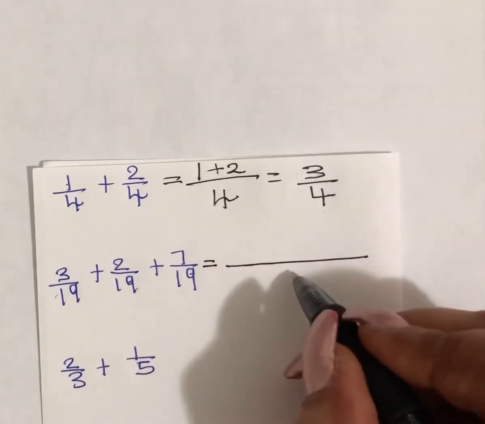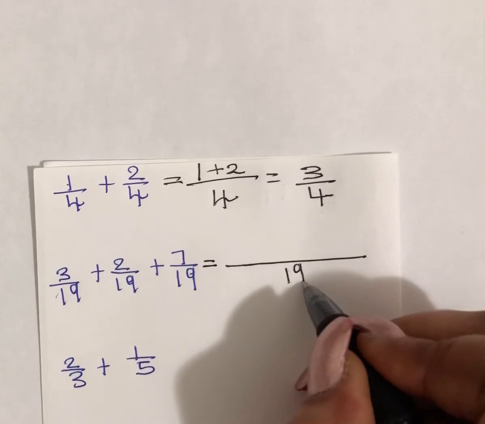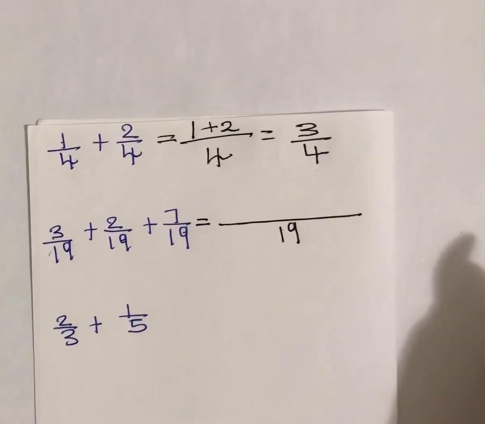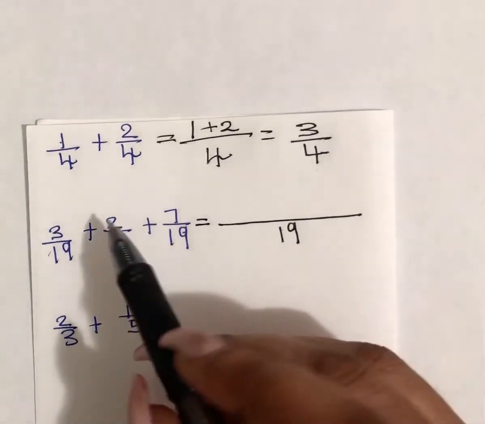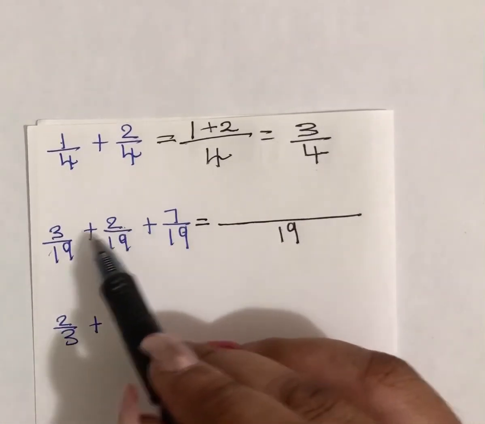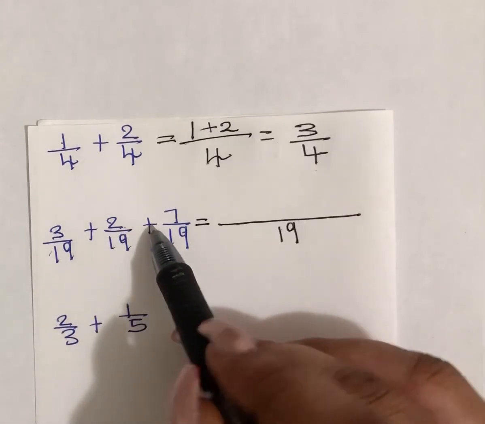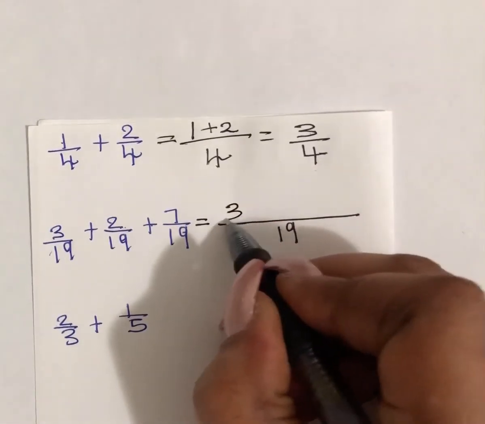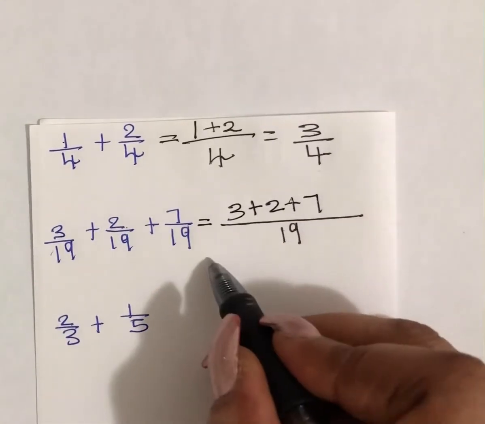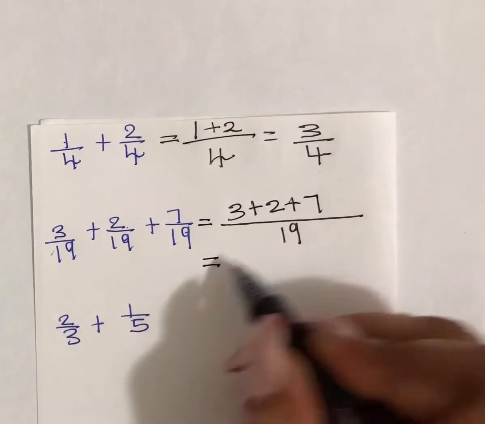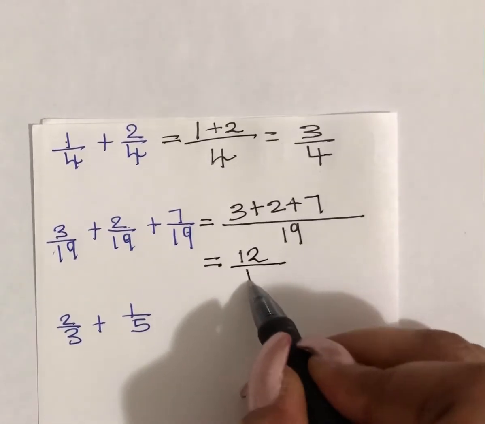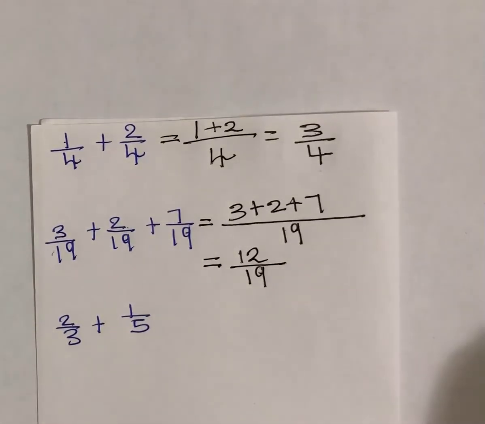Okay? We are going again. The denominators are alike. It's the same exact thing, 19. So all we do is connect the numerators using the addition sign. 3 plus 2 plus 7 will give us 12 out of 19.